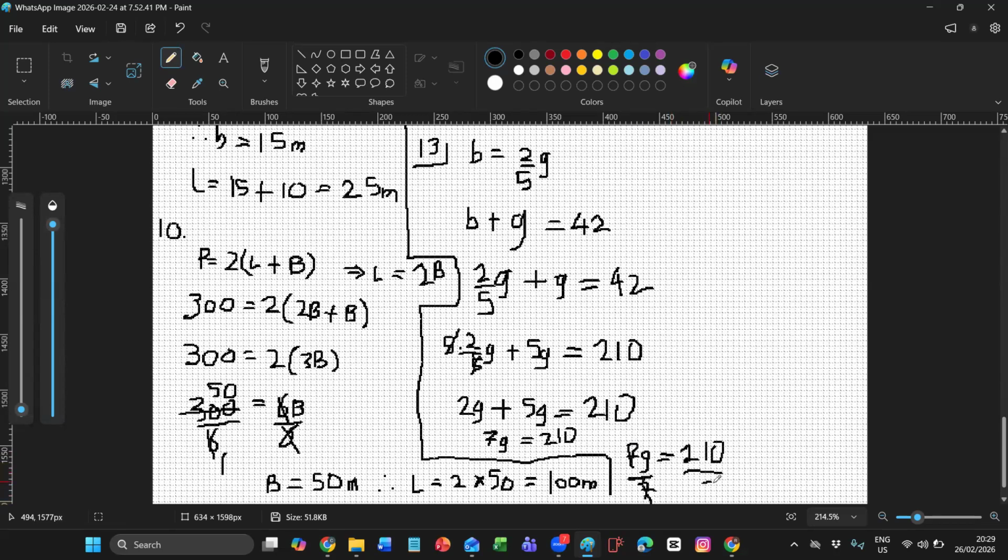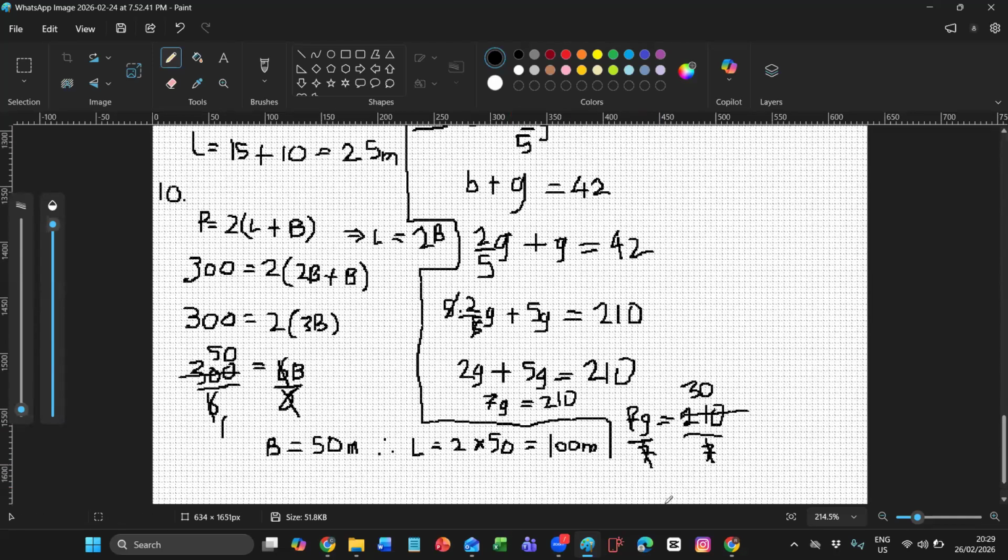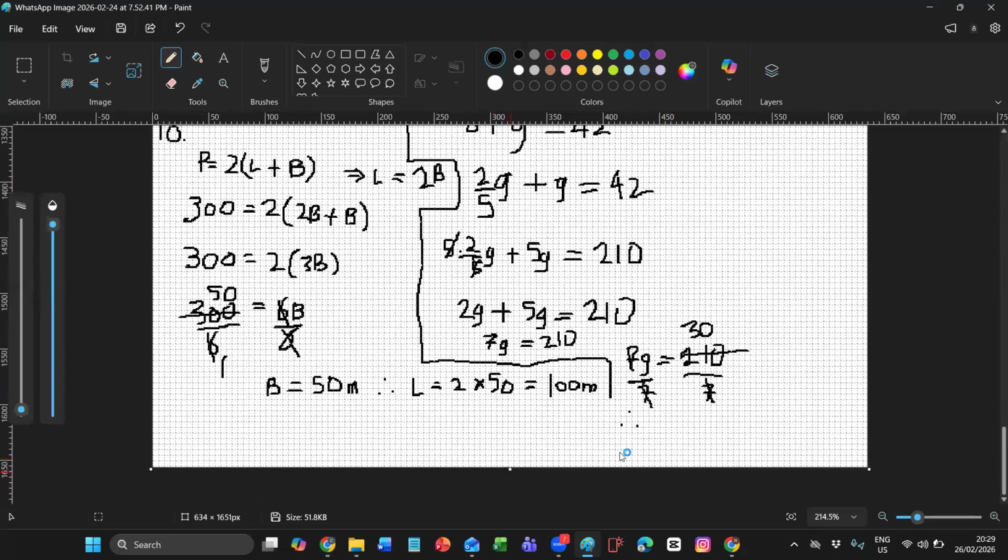Okay. So G equals 30. And if G equals 30, then B will be equal to 2 over 5 G, right? So that's 2 over 5 times 30.